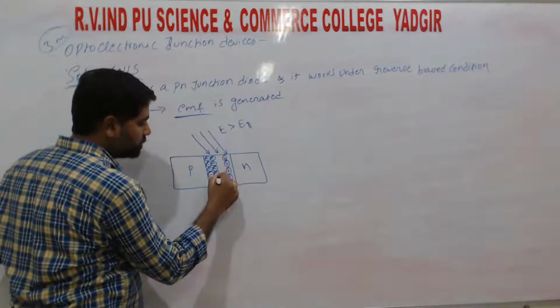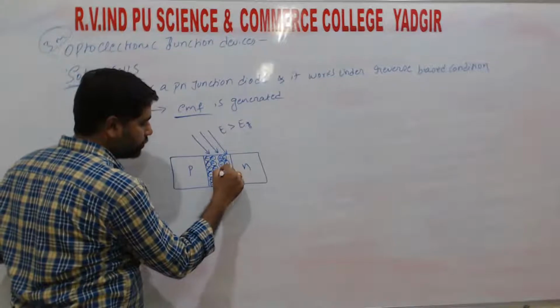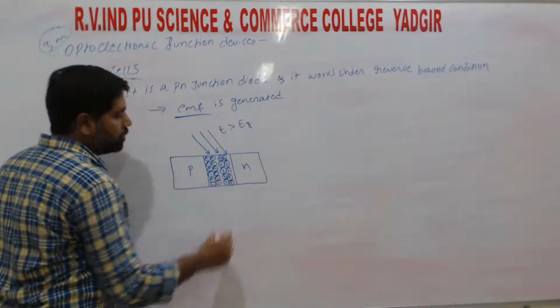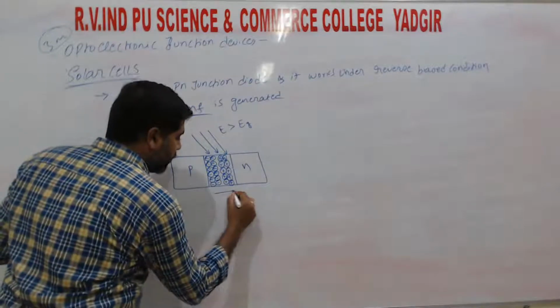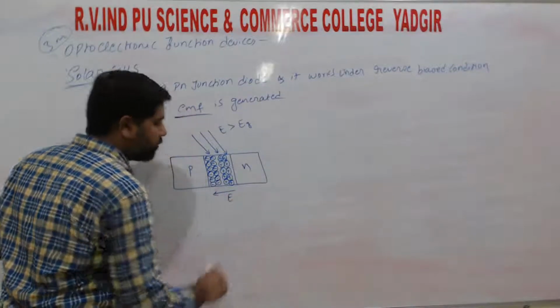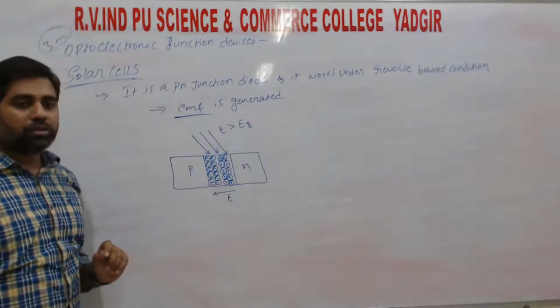These are the minus and here we have plus. Next what happens? So due to this electron hole pair, the electric field is produced, that is from positive charge to the negative charge.